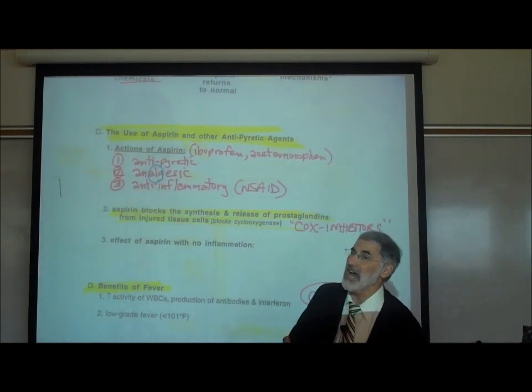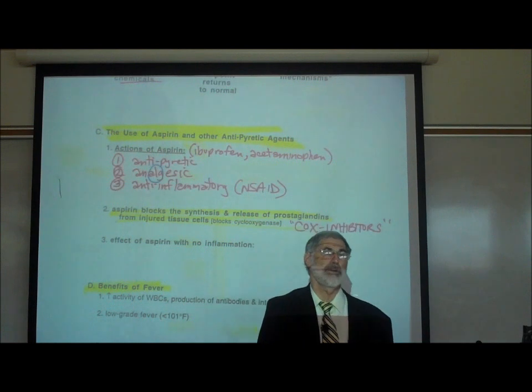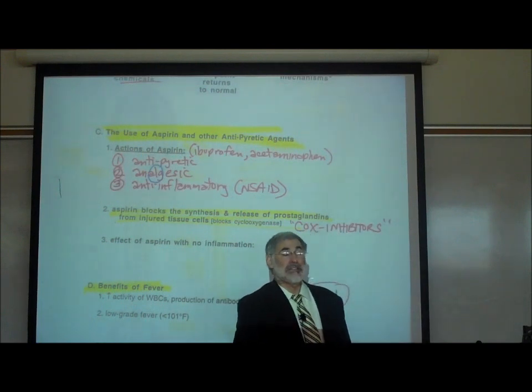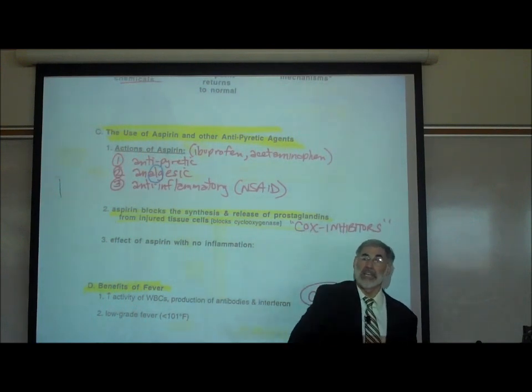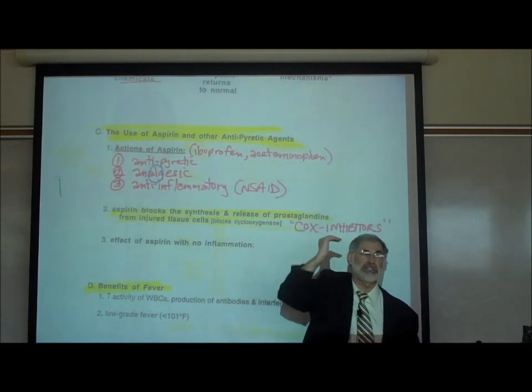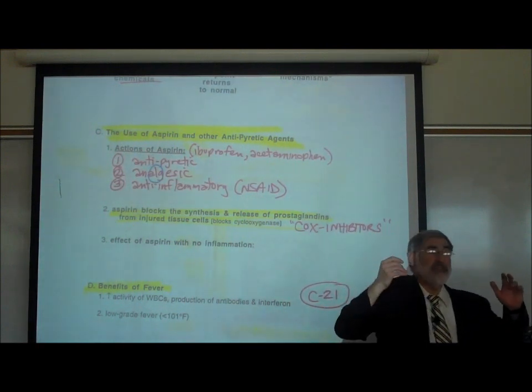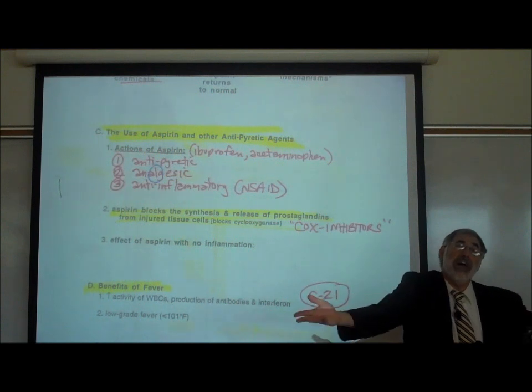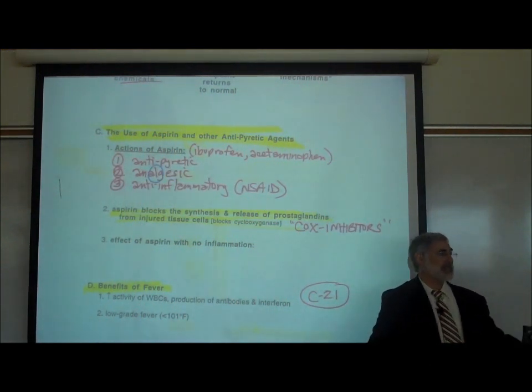So if you take Tylenol right now, what does it do to your body temperature? Absolutely nothing. It doesn't lower it. The Tylenol stops the release of prostaglandin. Aspirin stops the release of prostaglandin. If you're not releasing prostaglandins right now, then it has no effect. It stops them from being released.